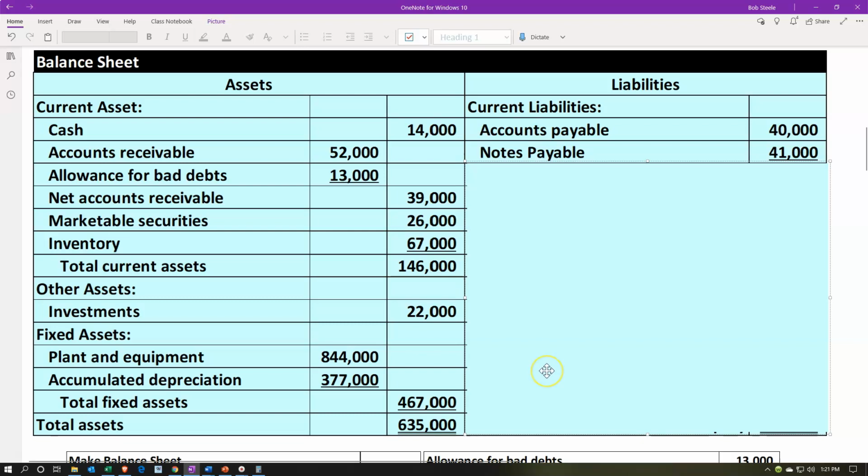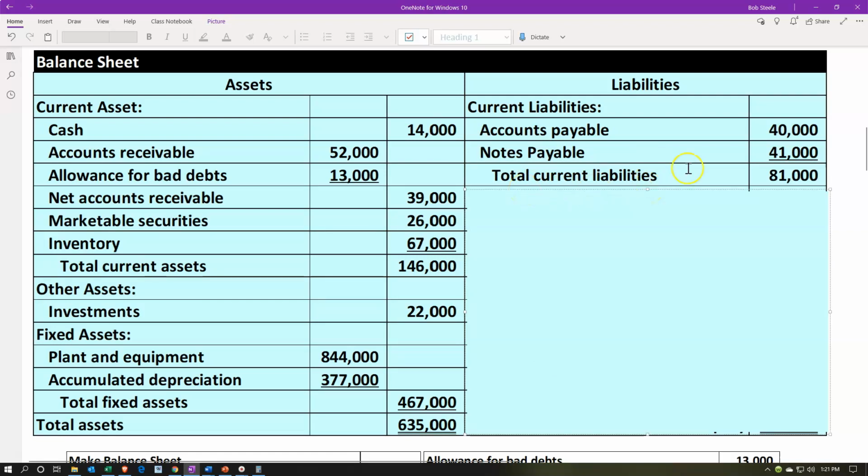If you take a loan out from the bank, it may be current or non-current, or it could be both, current and non-current, depending on the terms of the loan. If it's due within less than a year, or if there's a portion of it due, the principal portion, within less than a year, that will be the current portion of the note.